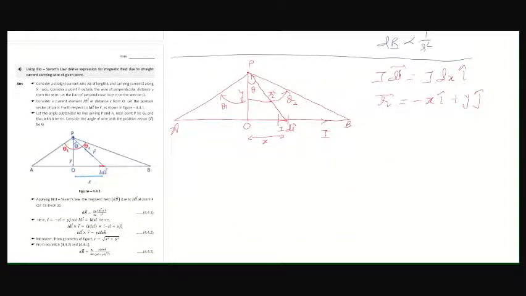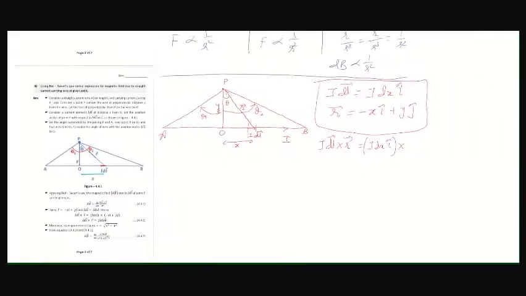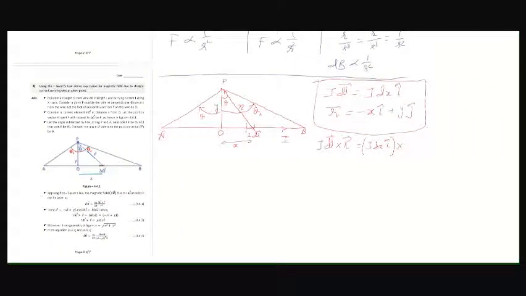So with this consideration, we have now IdL and r both. So what is IdL cross r? If I take IdL cross r, I have I dx i cap cross minus x i cap plus y j cap. So what is i cross i?